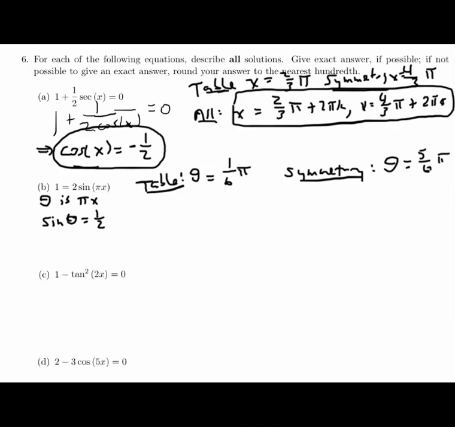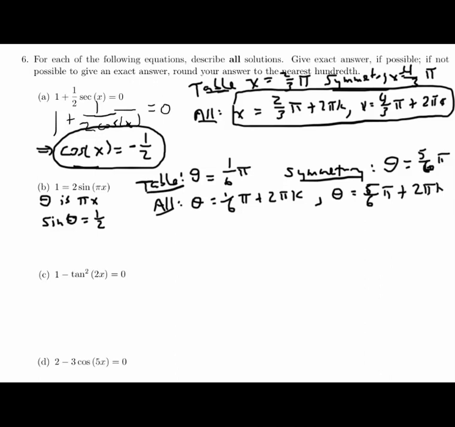So I will have a solution from the table and a solution from symmetry. Then I can write down all solutions in terms of theta. So theta will be 1/6 pi plus any multiple of 2 pi, or theta will be 5/6 pi plus any multiple of 2 pi.